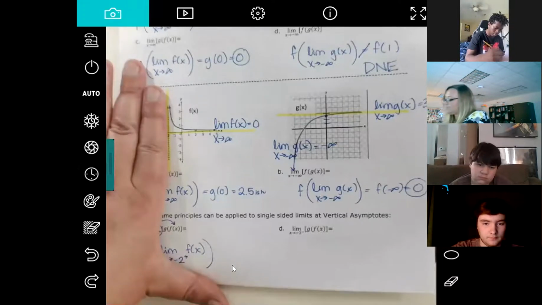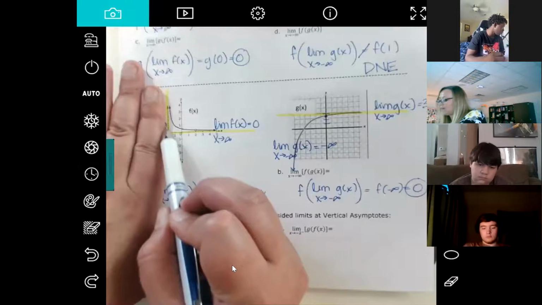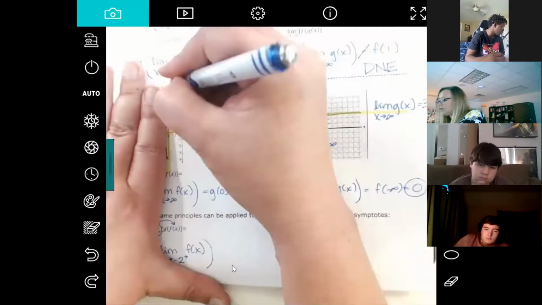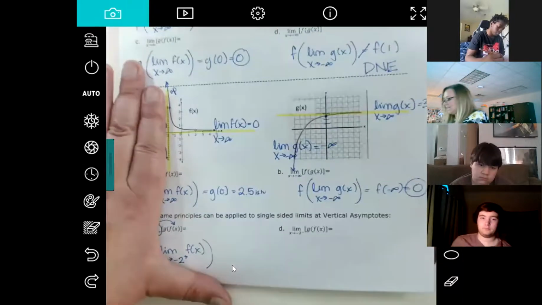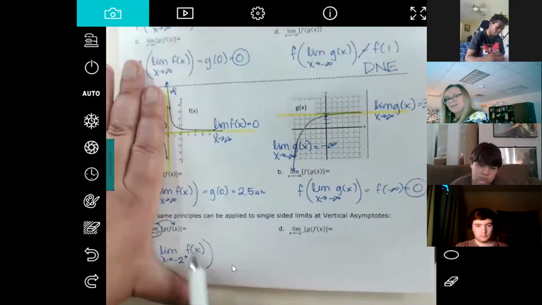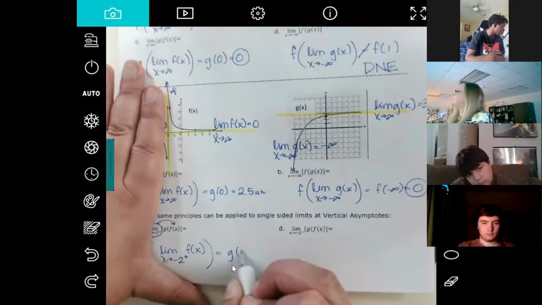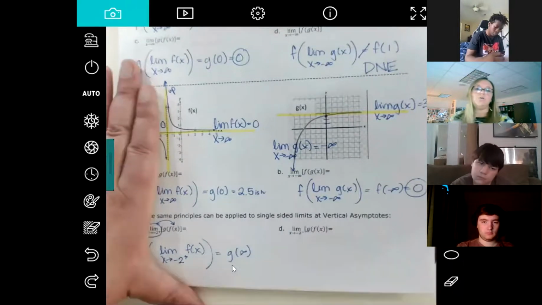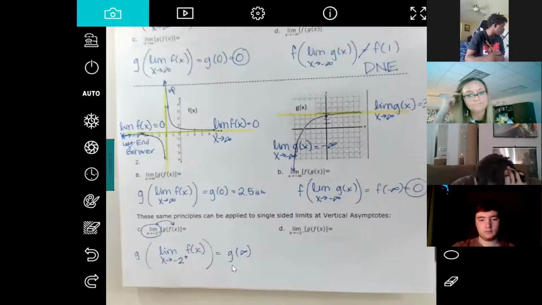And I'm observing what's happening as I approach x equals -2 from the right side. My graph is going up and up forever and ever. Then I would say this one-sided limit is infinity. And then I would find g of infinity. So horizontal and vertical asymptotes both have that same rule.